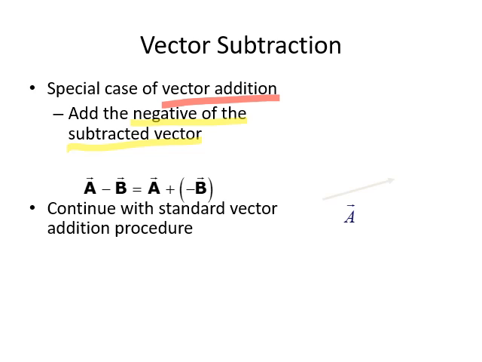So suppose this is your A vector, here is your A vector, and then here you have the B vector. Now if this is the B vector, your negative of B vector will be this, right? So negative B means with the same magnitude but just in the opposite direction by 180 degrees.